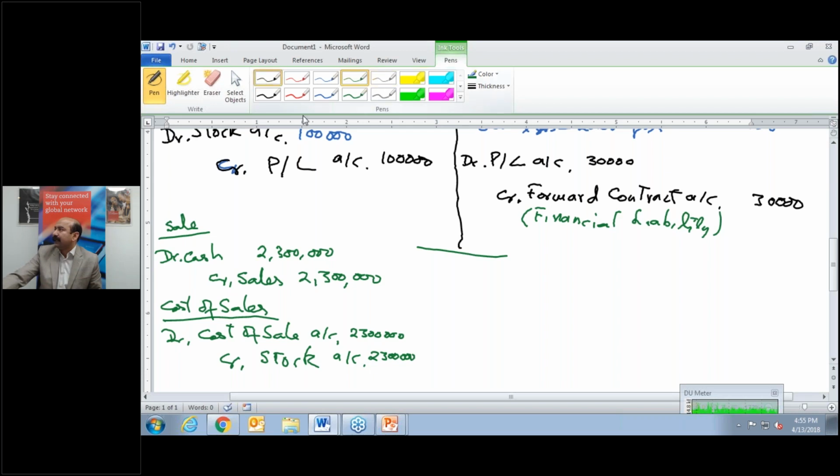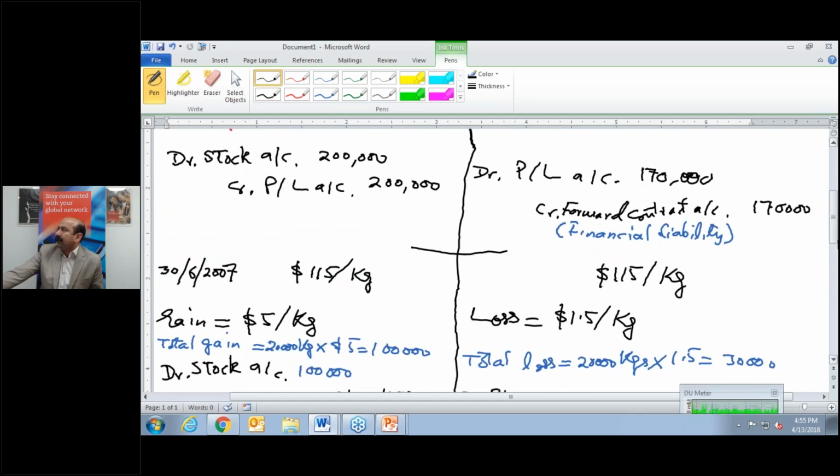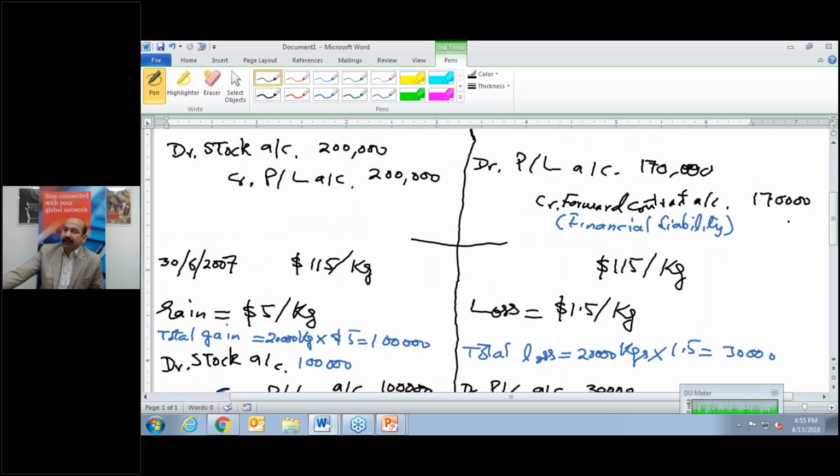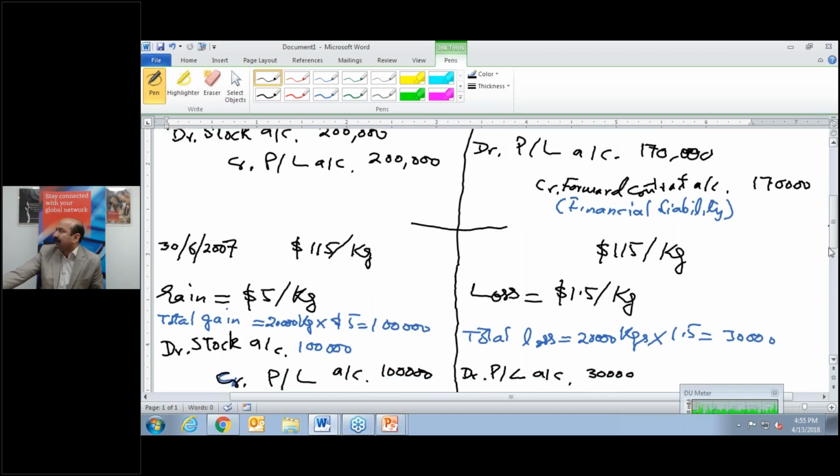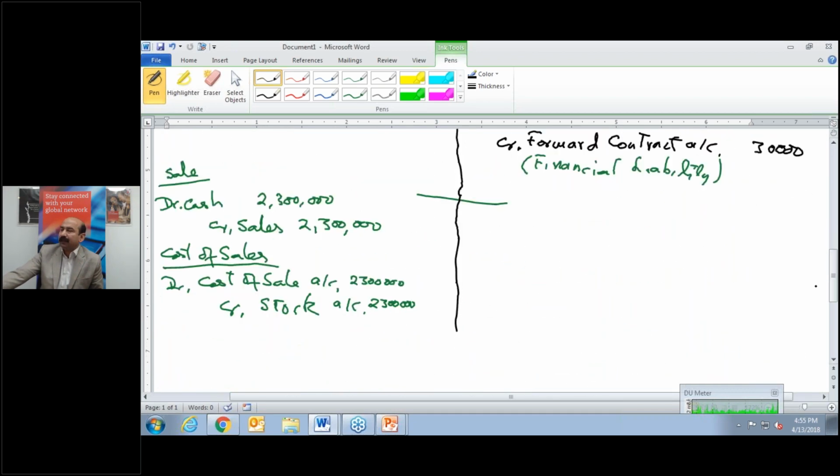Okay, so this is the entry related to our stock. Now see, so far you have credited 170,000 to the forward contract and 30,000 to the forward contract. These are the losses. So when you close this account, of course you will have to debit this forward contract account, which is your financial liability. When you settle, you will have to pay this money to the other party.